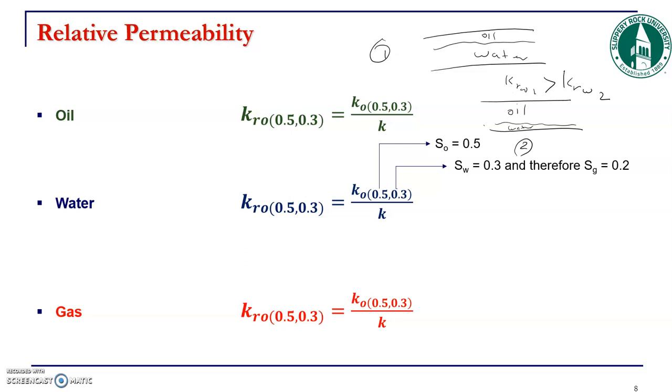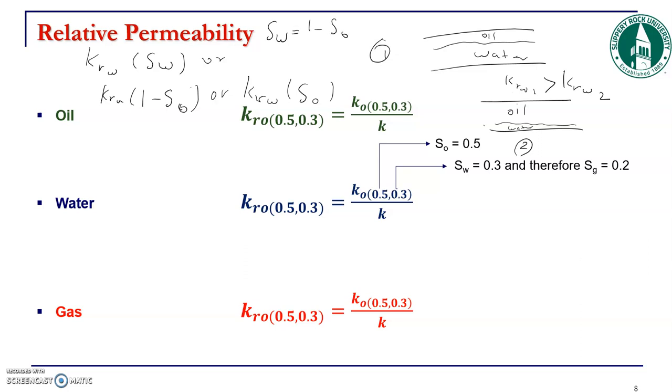Now you can say that in a two-phase system of oil and water, the relative permeability of water is a function of water saturation, or basically a function of 1 minus S_o, or just oil saturation, because water saturation is equal to 1 minus oil saturation in the two-phase system.